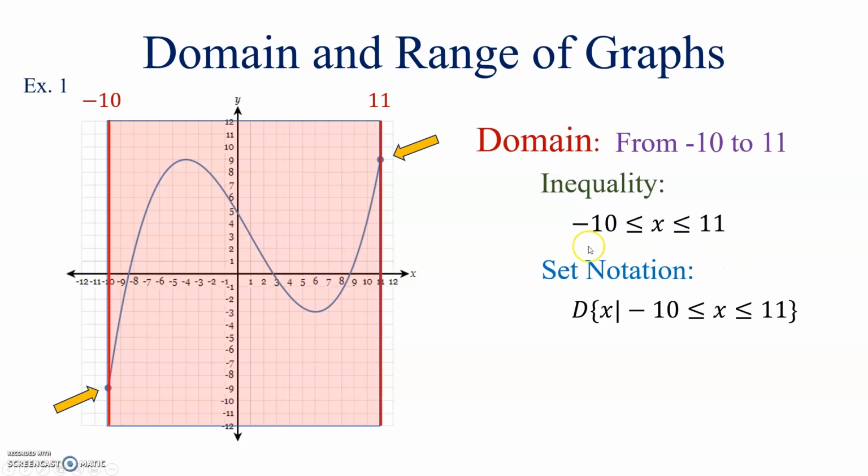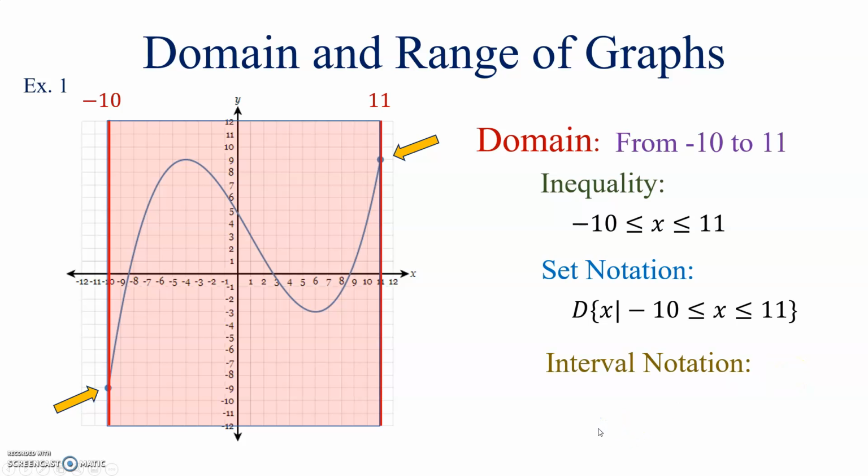It's just a way of writing the inequality as a set. So don't let all of this confuse you. The reason I put the D here is that the name of this set is domain, D for domain. And in the set, we use the variable x, and all your x's will fall between -10 and 11 inclusive.